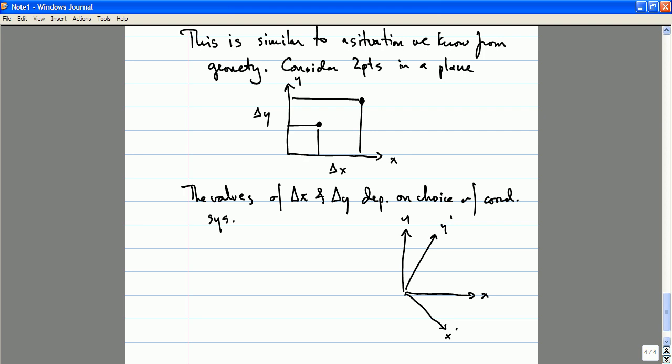And so if I denote by theta the relative angle between these two coordinate systems, they'll be related by a formula that's something like x is cosine theta x prime plus sine theta y prime, and y is minus sine theta x prime plus cosine theta y prime.